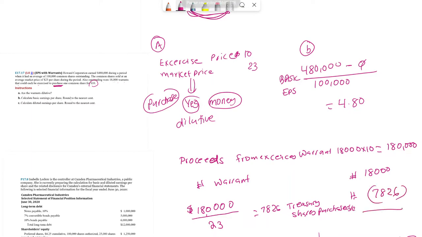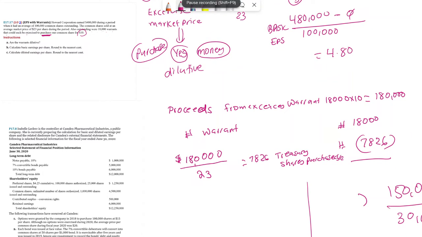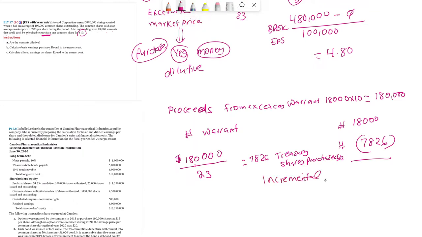The difference between the both is your incremental shares issued, and that will be 101,740. So that's how much the incremental shares are going to be.